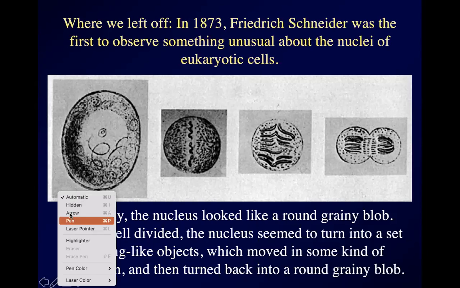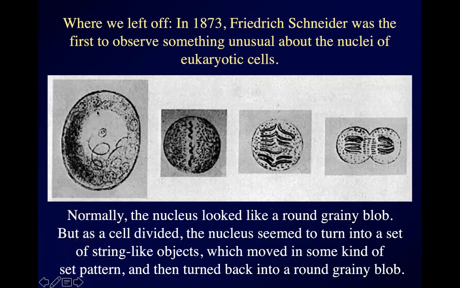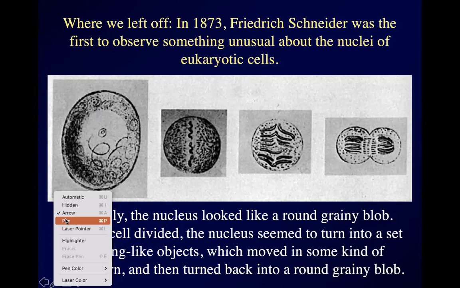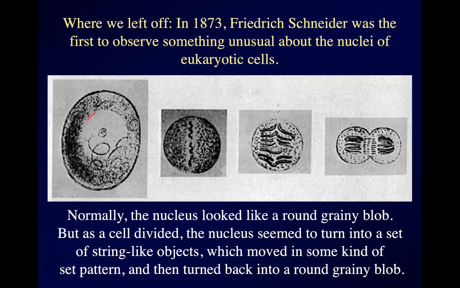In this drawing that he made over here on the left, the nucleus is this. There's a little dot in the center called the nucleolus, and we don't have to worry yet about what that does. Don't memorize that just yet. It's just there. But there's the nucleus.